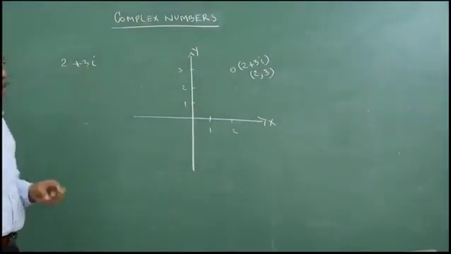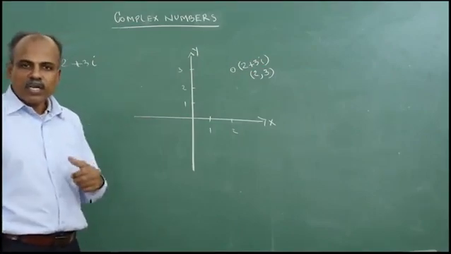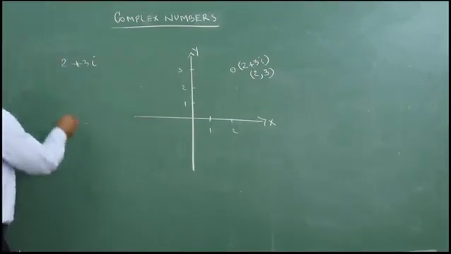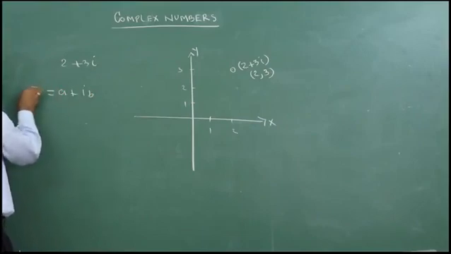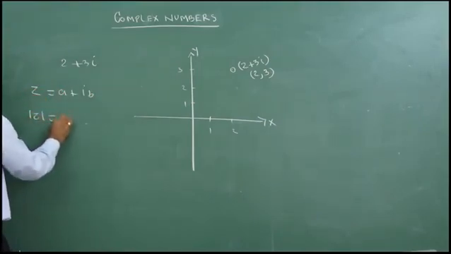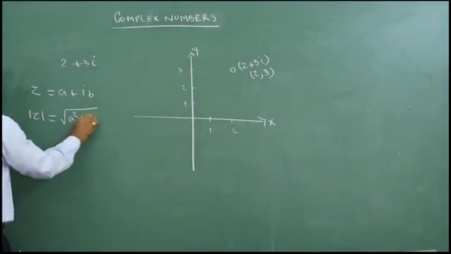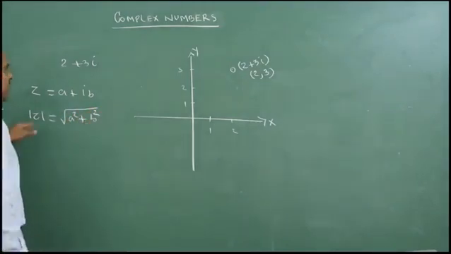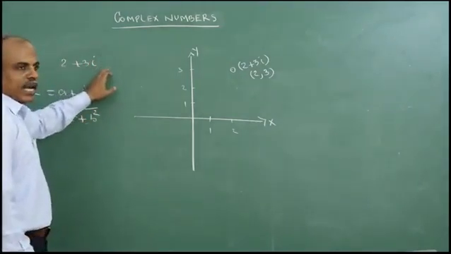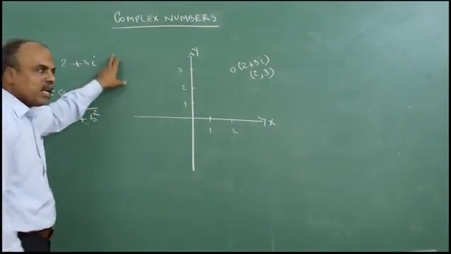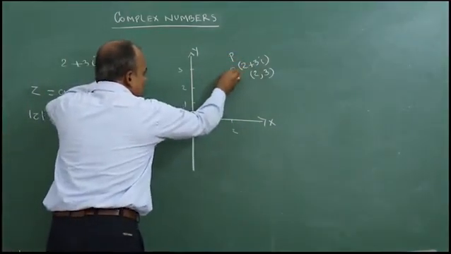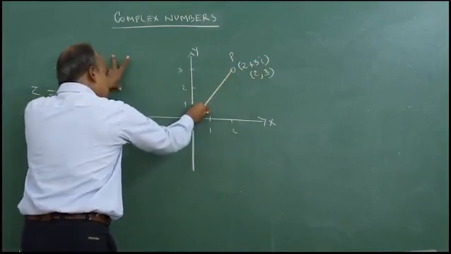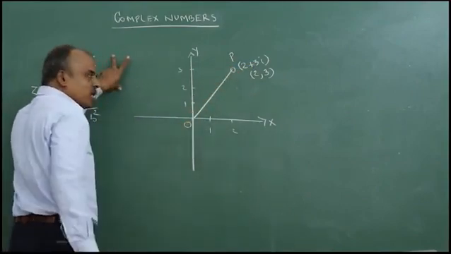The next one, modulus of a complex number. What is the modulus of a complex number? If z is equal to a plus ib, then modulus of z is equal to the square root of a square plus b square. Here I take 2 plus 3i. Let the point P be (2, 3). Join P and the origin.